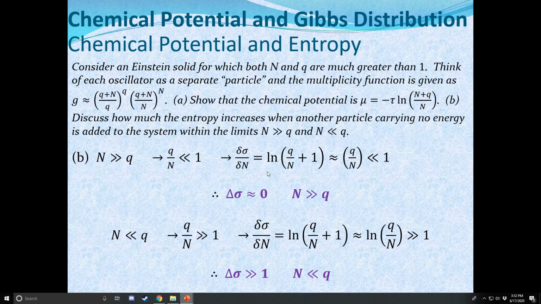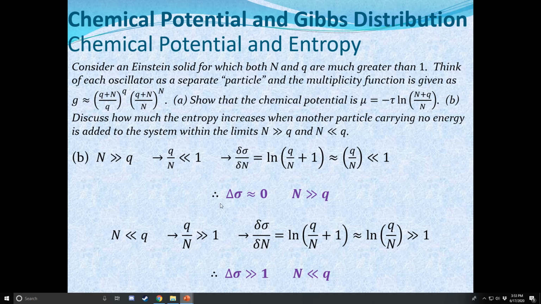So what this is saying is that when we add a new particle to the system, if the number of particles is much bigger than the available amount of energy, remember that's what this q is representing, the discrete quantum amount of energy that the particles can have, then adding in a new particle doesn't really affect it.